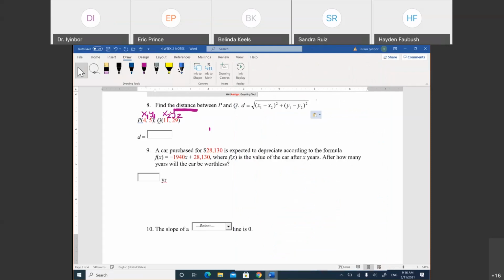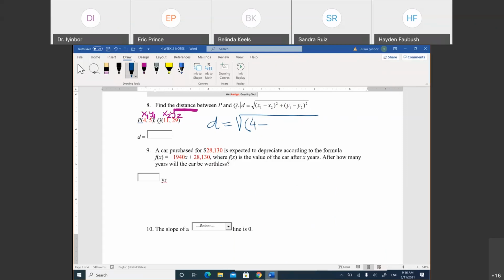Okay? So how are you going to find the distance? We're just going to plug those numbers into the formula, nothing else. So my distance between the point P and Q is going to be square root. And then you put parentheses. X1, what is X1? 4. Minus, what is X2? What is the number for X2?